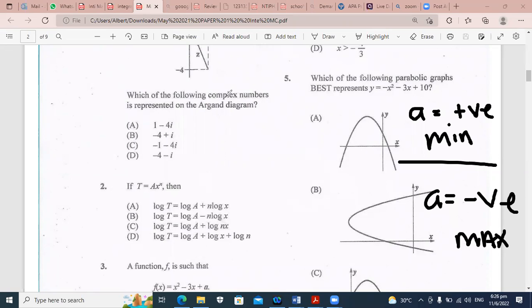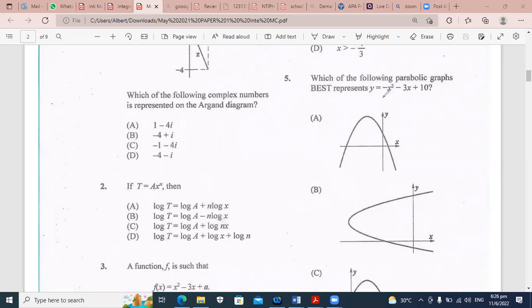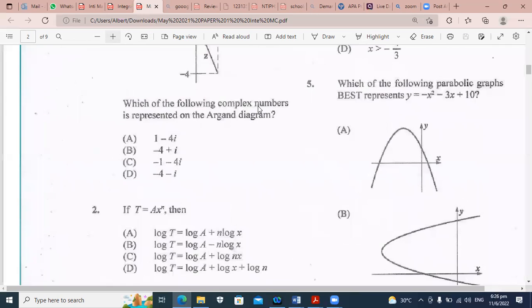So let me ask a question. Is a positive or negative in this equation here? A is negative, because a is actually -1. All right. So therefore, this curve is a maximum curve.